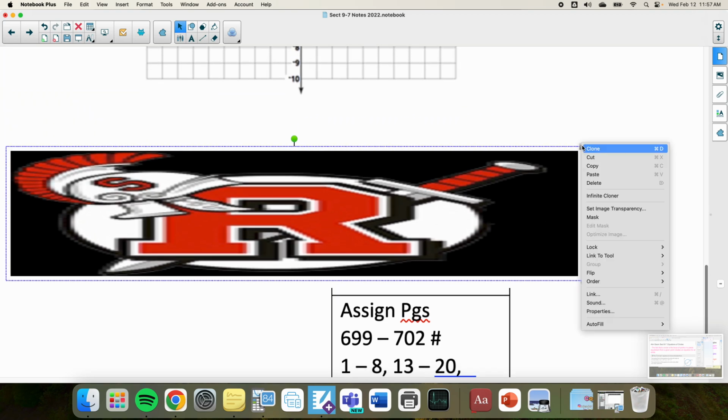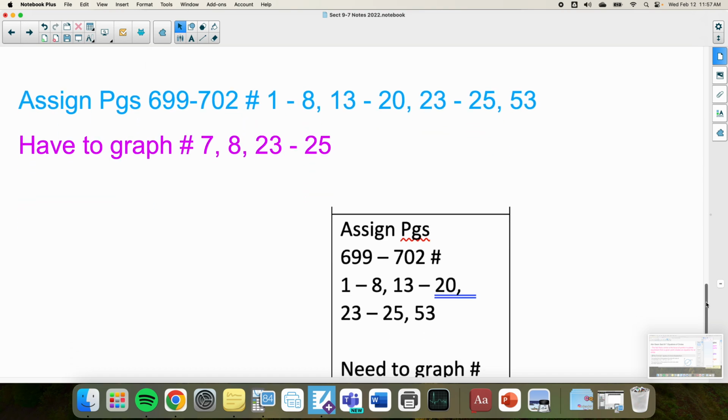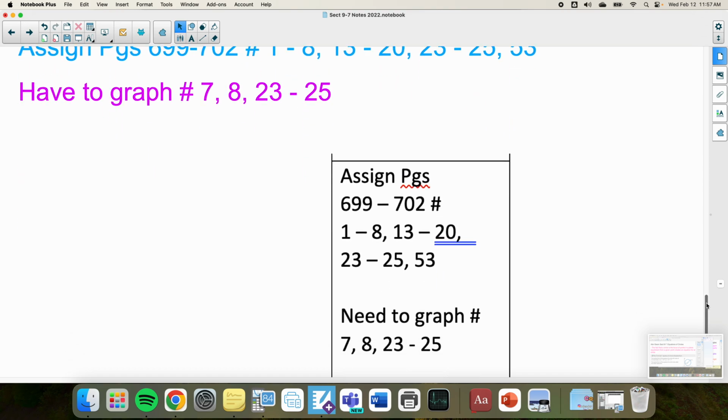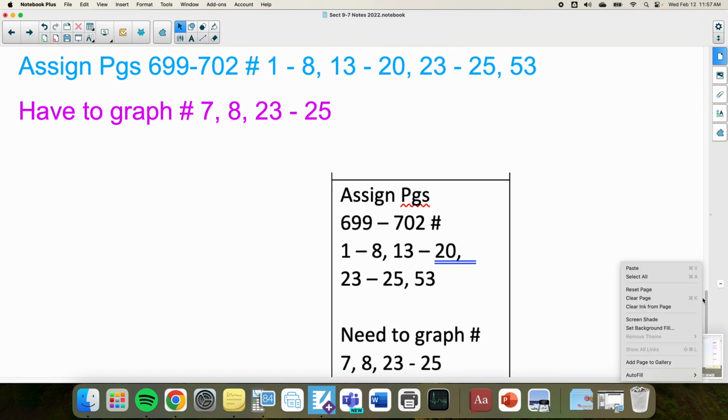I don't know why I copied. Let's see what I did. These are the same. I don't know which one you want to copy down, but this is also on Schoology. So these are the problems we're doing. These 5 are the ones you have to graph. Okay?